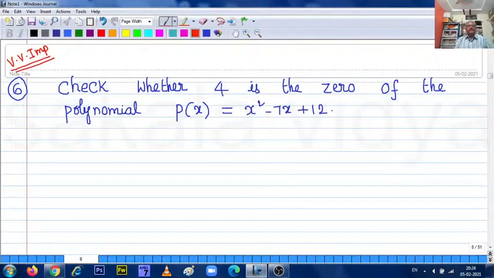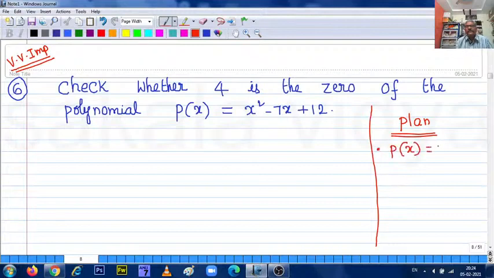So what is the plan? I will tell the plan. So what is the strategy to solve this problem? First, say P of x equals x square minus 7x plus 12. So we need to check that 4 is the zero of the polynomial or not.